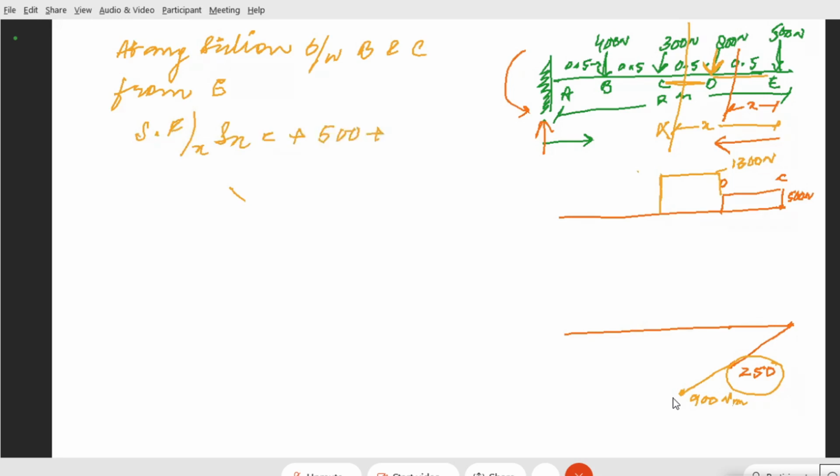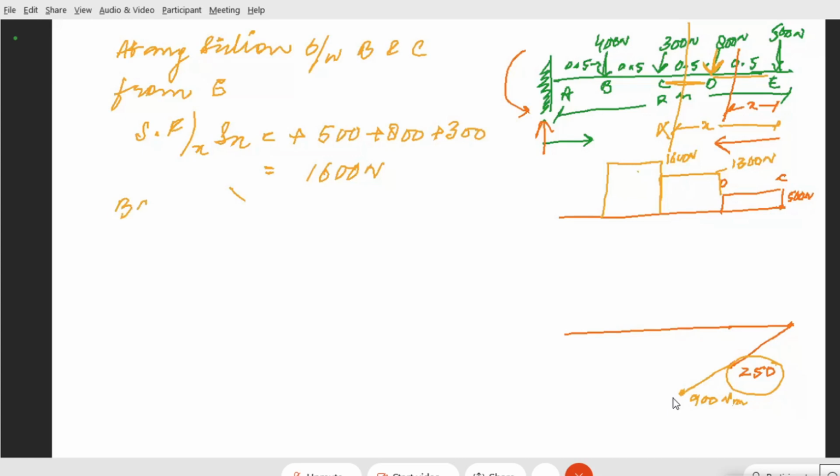We have force 500, we have 800 now, and we have 300 now. That will be simply equal to how much? 1600, right? We'll be having a shear force of 1600 Newton. And now from 1300 Newton, we will have to jump to 1600 Newton. This is now 1600 Newton.